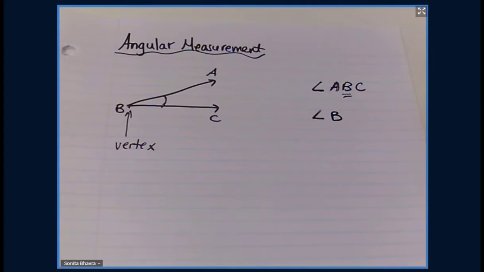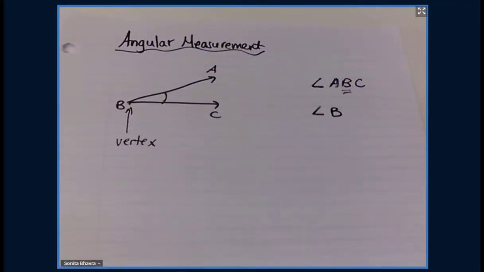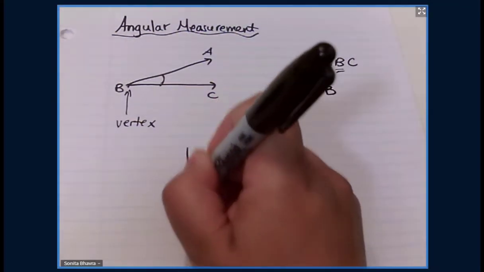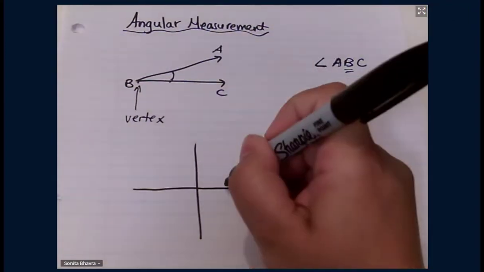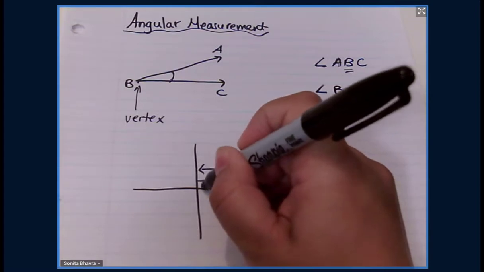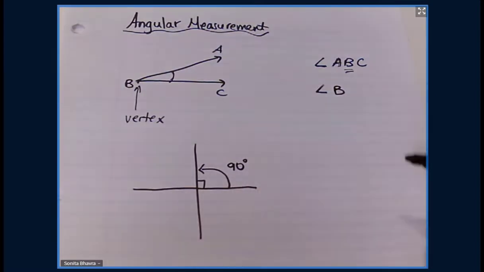All right, so angles are expressed by using the units degrees. All right, so the degrees symbol is that little circle above the number. And as you would have seen in that video, so if we have something like this, from here to here, that would be 90 degrees.